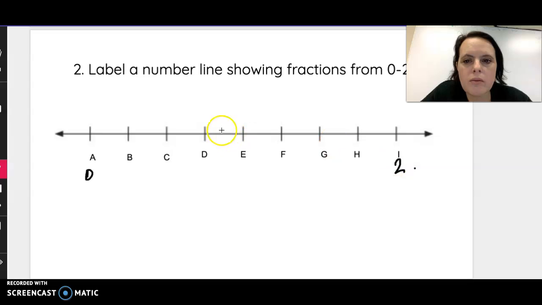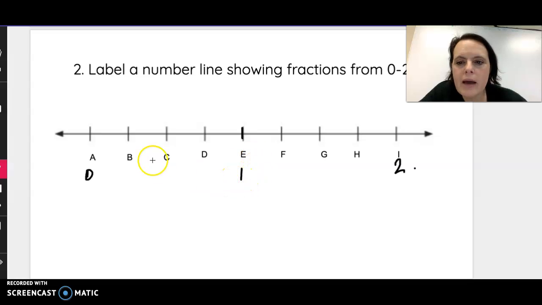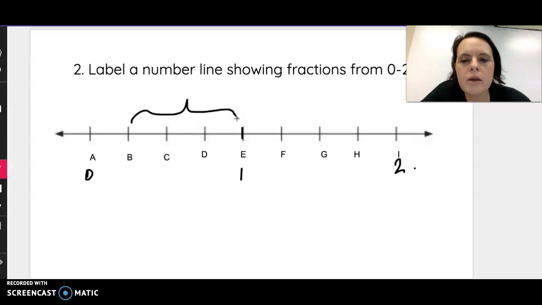So we want to think about if 0 is over there, 2 is over here, 1 is over here. Now, what is that 1? Now you're going to count the dashes from here to here to figure out what your denominator is. So we have 1, 2, 3, 4. So if we have 4, that would be 4 out of 4.